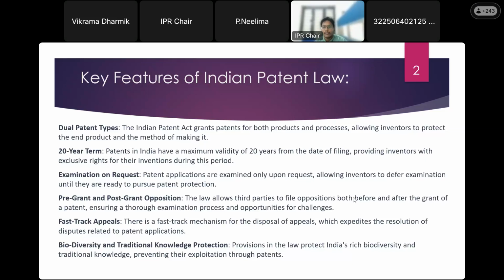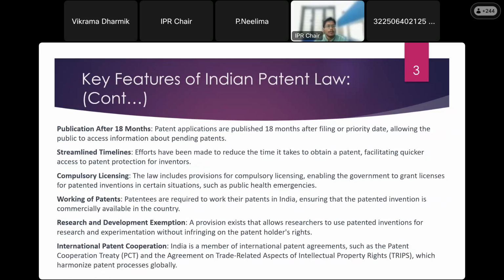And the next one is publication after 18 months. As I said earlier, patent applications are published 18 months after the priority date, and streamlined timelines. Earlier it took a long time to grant a patent.